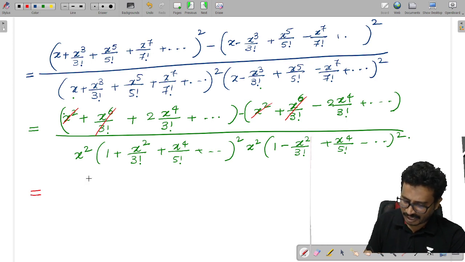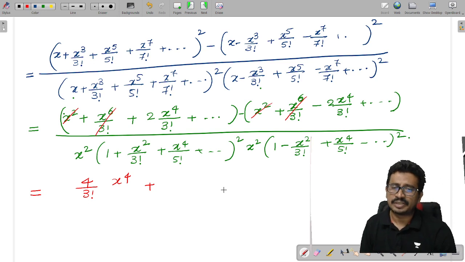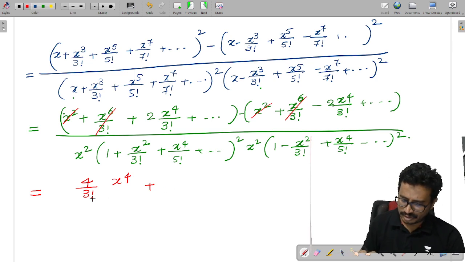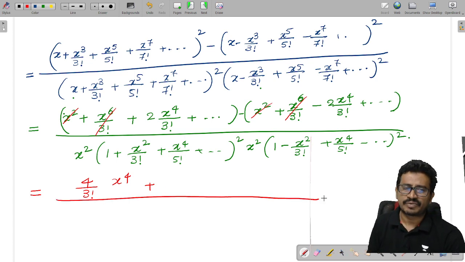This will be added, that is 4 by 3 factorial into x power 4 plus, whatever the remaining powers are, everything must be more than x power 4, yes or no, those are more than x power 4.